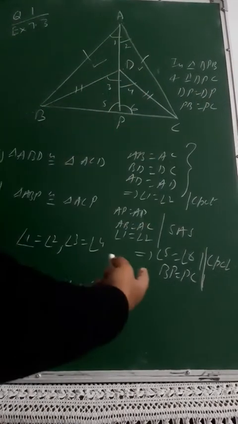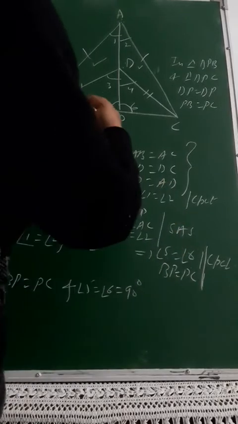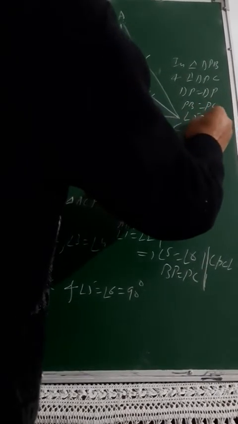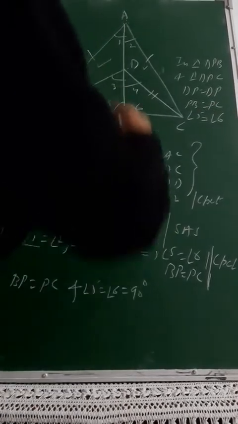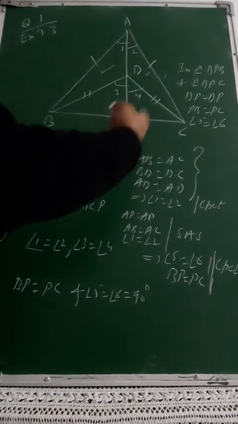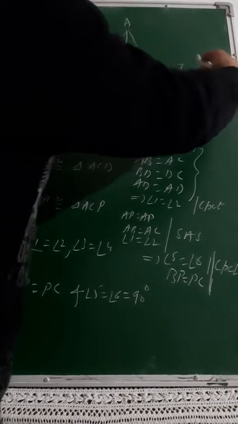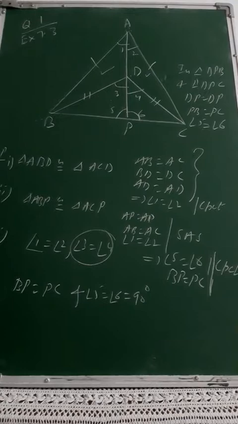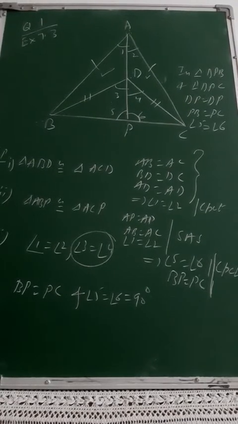I have proved already here, you see there, and now angle 5 is equal to angle 6 also I have proved. So then by SAS, these two triangles will be congruent to each other. So by CPCTC, you can conclude that 3 is also equal to 4. So that is the proof for your third part.